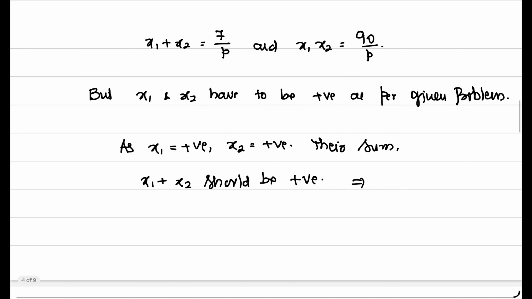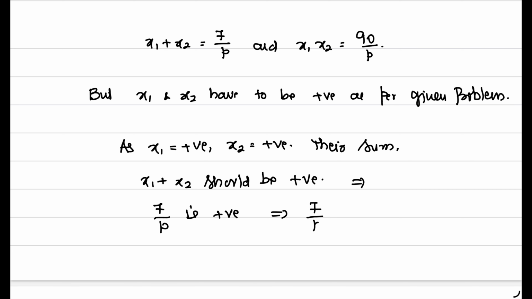Hence, 7 by p is positive. That means 7 by p is greater than 0. Positive means greater than 0. That implies p is positive, because 7 is a positive number. When you divide a positive number by a positive number only, you will have a positive number.